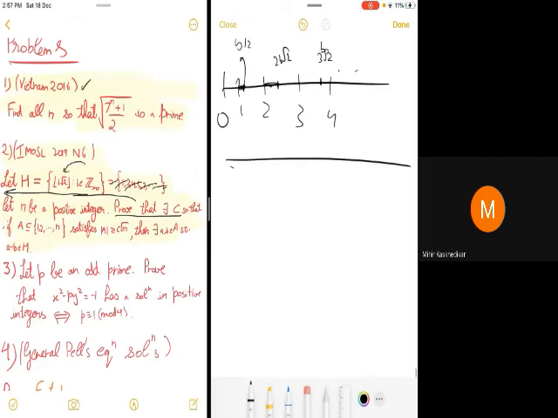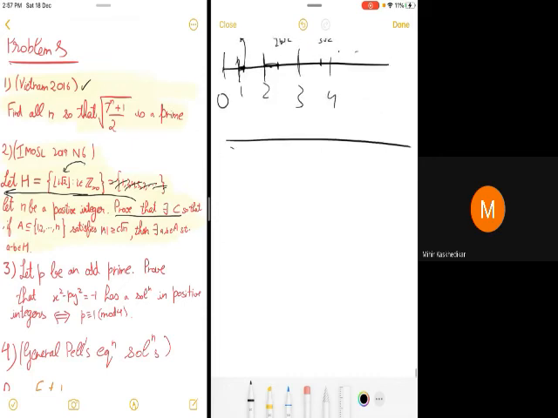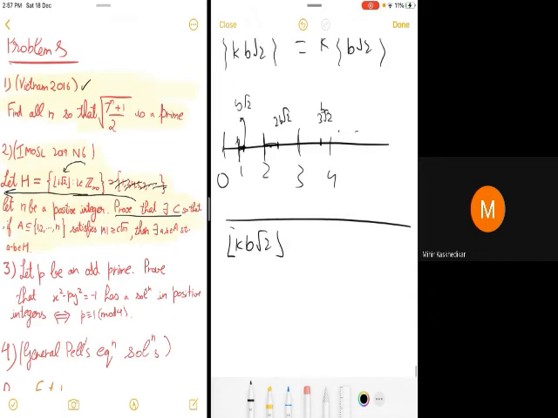So these terms are also in AP, and we have this thing if k is less than 1 by l.